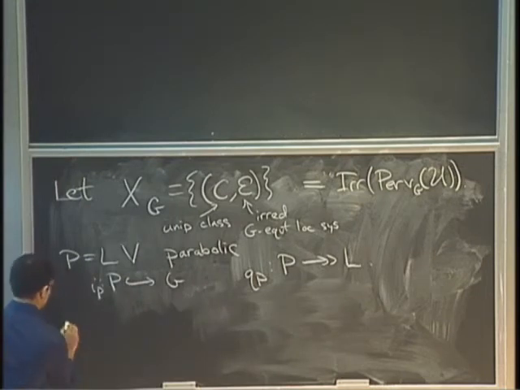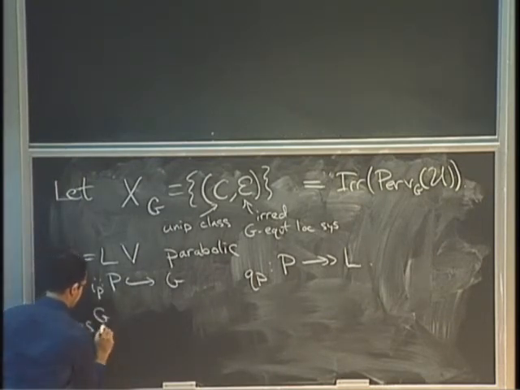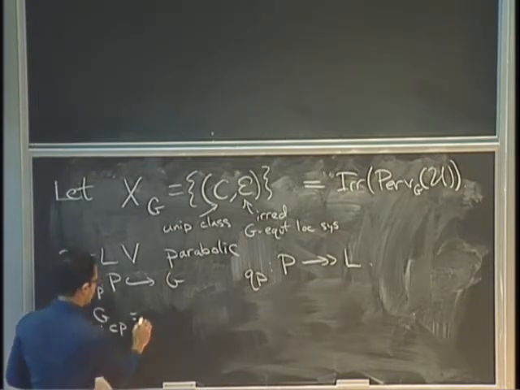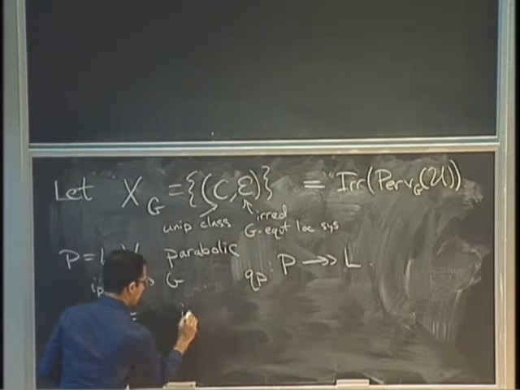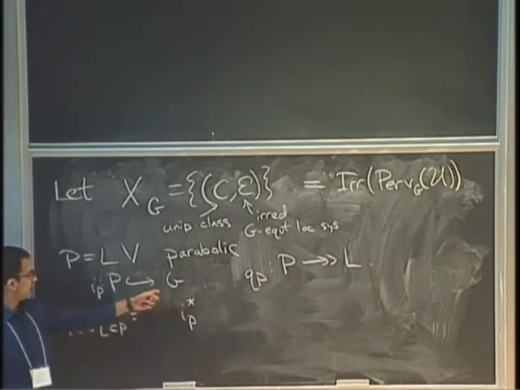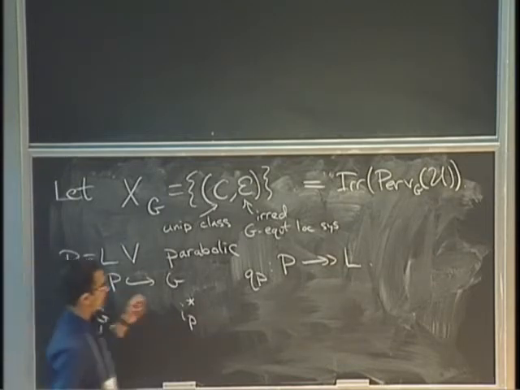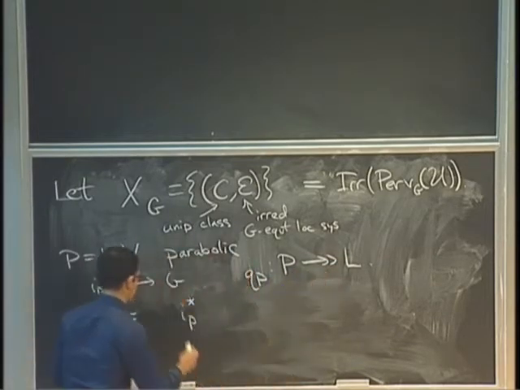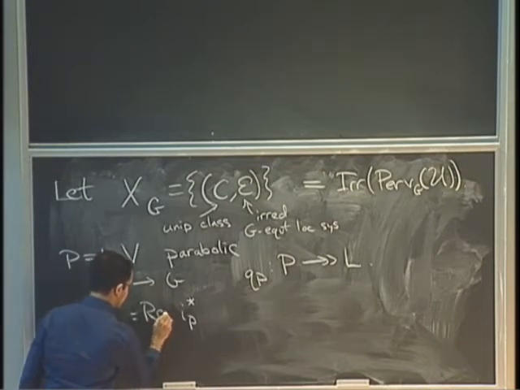And there's the restriction functor, which was defined to be you pull back along i_P. So you start with a sheaf on G, pull back along this map to get a sheaf on the parabolic, then push forward along this map to get a sheaf on the Levi.